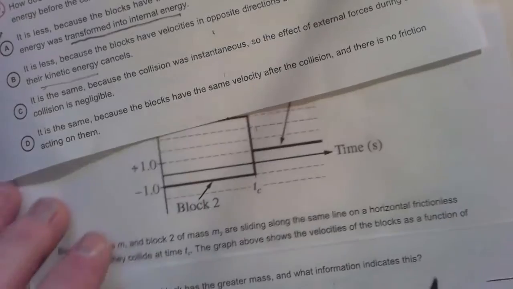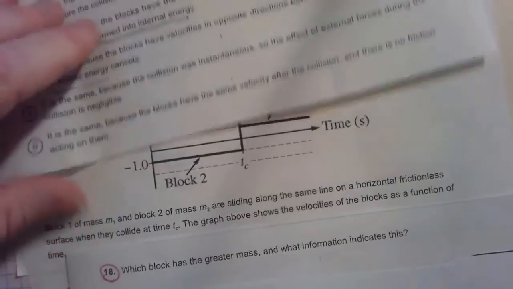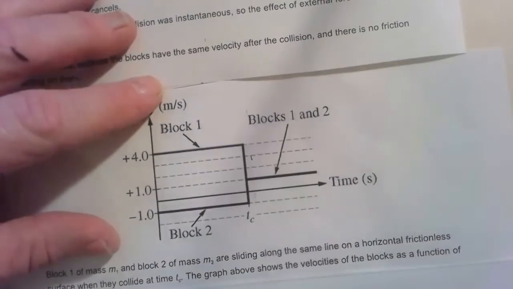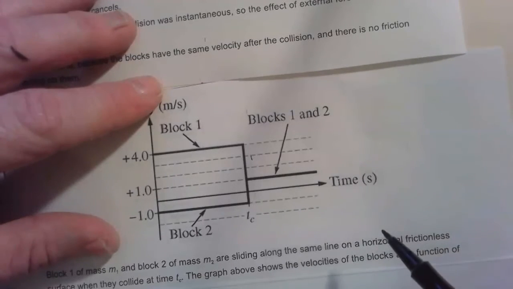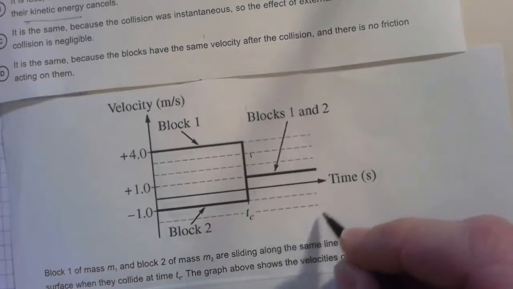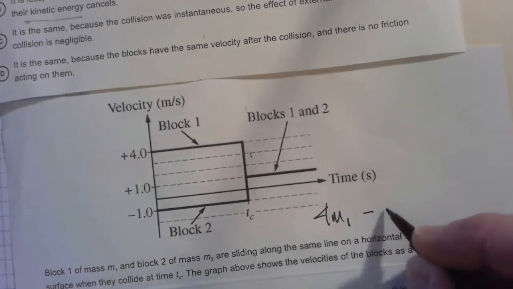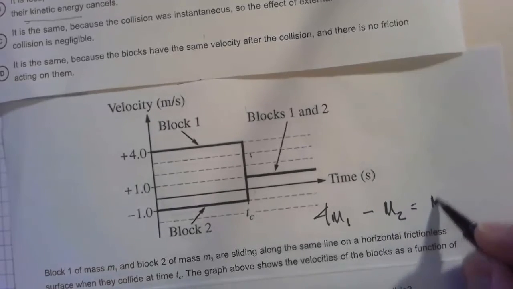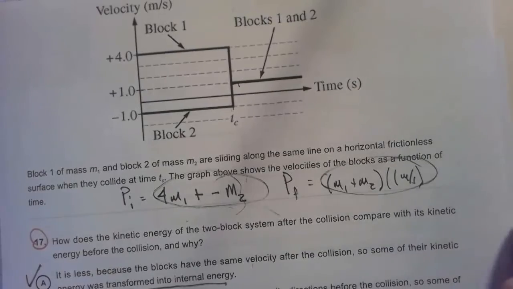So 18. It says, which block has a greater mass, and what information indicates this? Well, let's see. The 2 hit. I have 4m1 minus an m2 comes out to be m1 plus m2, because you figure they end up with a velocity of 1.